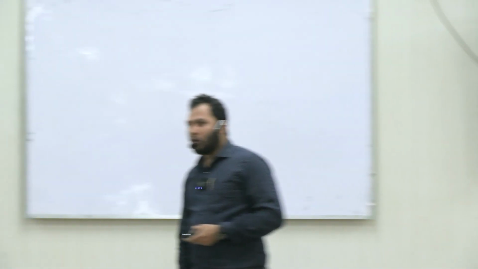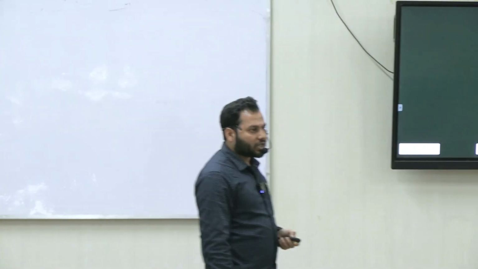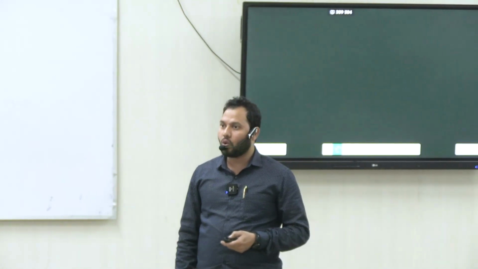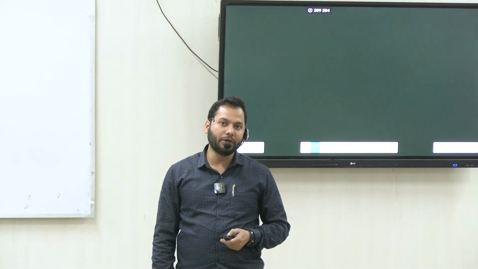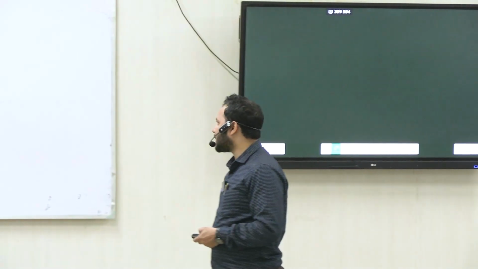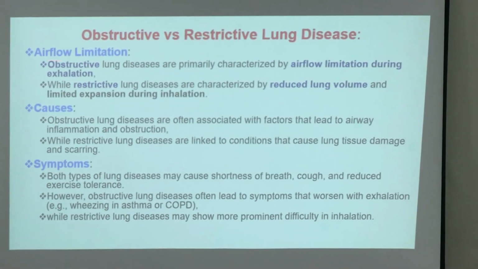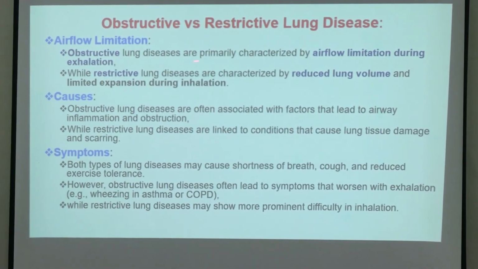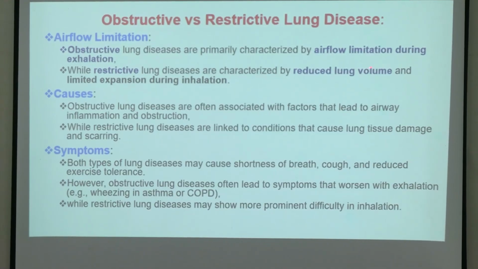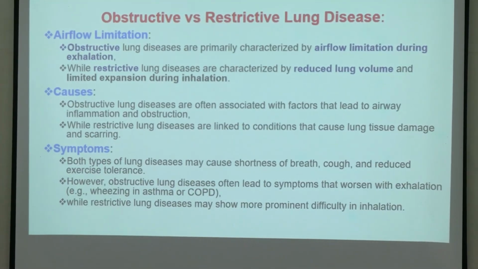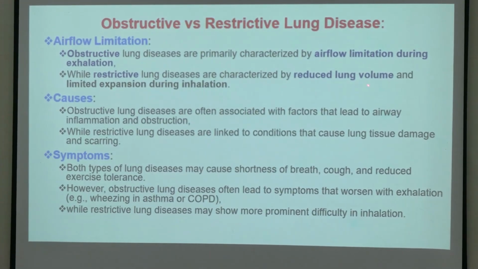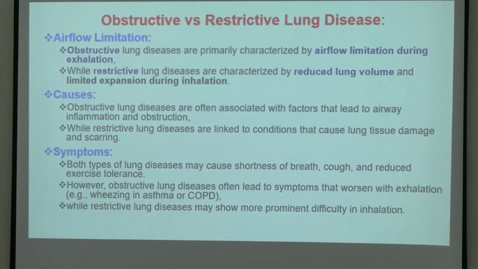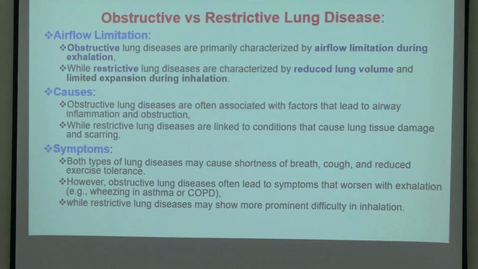Now, before knowing about the different types of lung function tests, at least we should know what are the most important differences between restrictive and obstructive lung diseases, right? The first one you can see, obstructive lung disease is primarily characterized by airflow limitation during exhalation, whereas restrictive lung disease is characterized by reduced lung volume and limited expansion during inhalation.